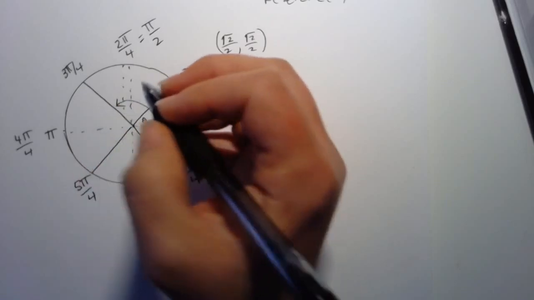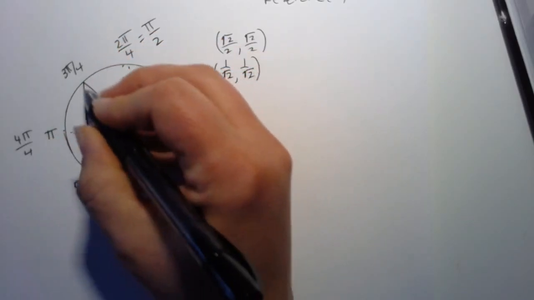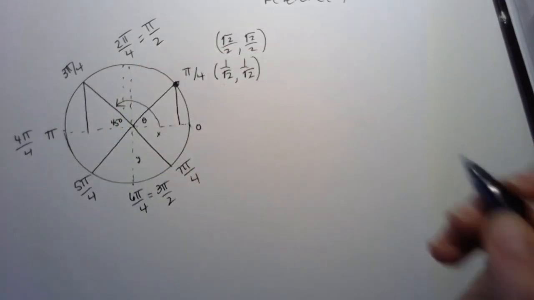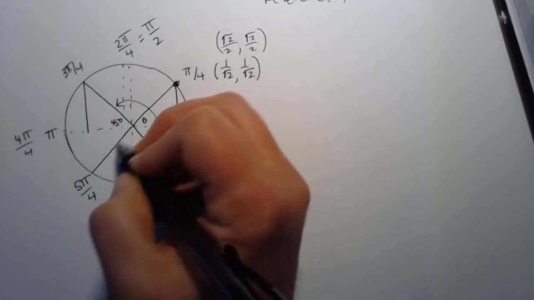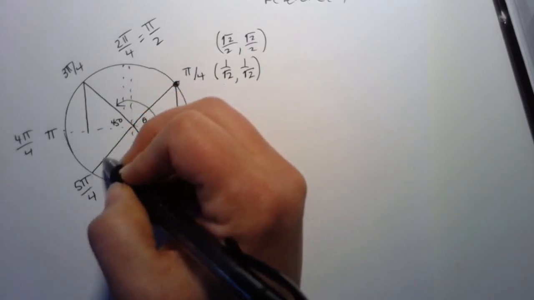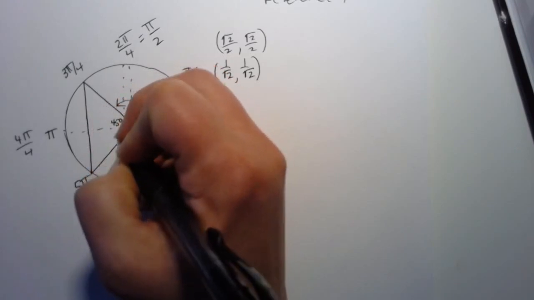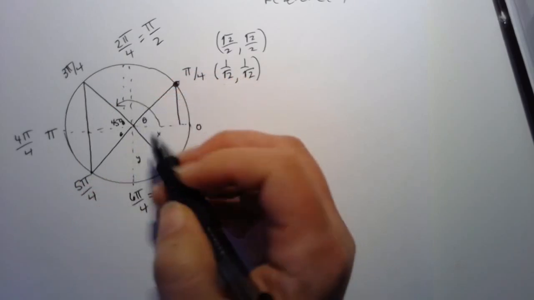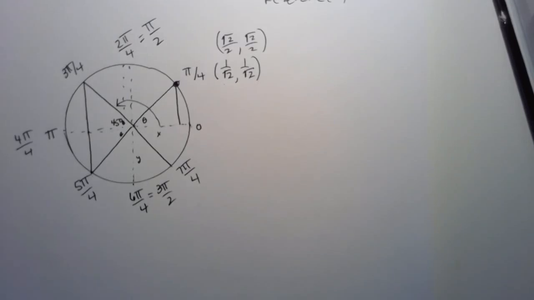So I would make my angle here, and this is 45 degrees again, or pi over 4. So my reference angle is essentially the angle that it makes. This one here would be 5 pi over 4, but its reference angle is actually the 45 degrees that it makes between the x-axis and the circle, okay?